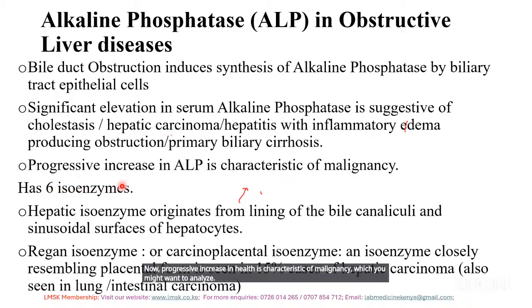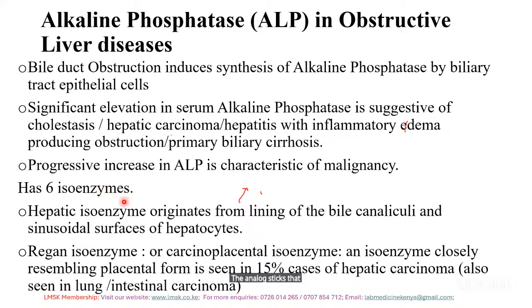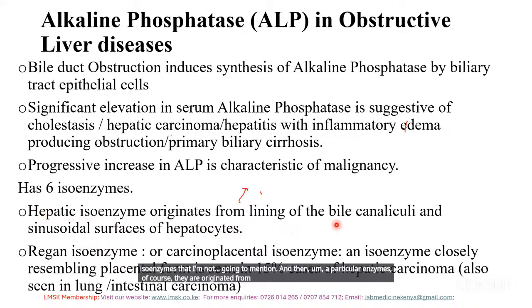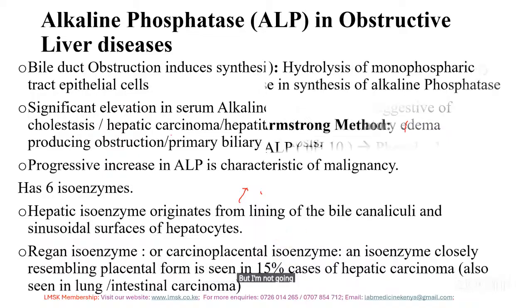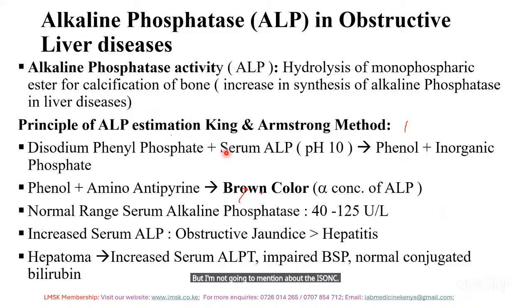It has 6 isoenzymes that I'm not going to mention. Hepatic isoenzymes originate from the bile canaliculi and the sinusoidal surfaces of hepatocytes. Just know that ALP is elevated in post-hepatic conditions, more so cholestasis or blockage of the bile systems.